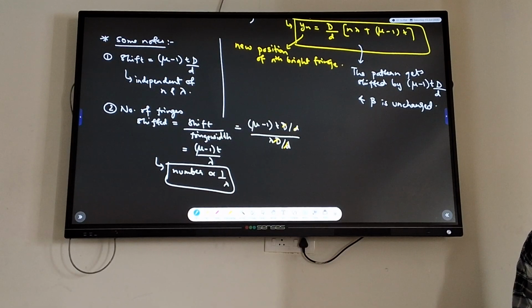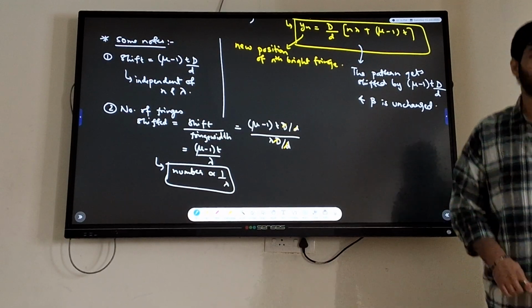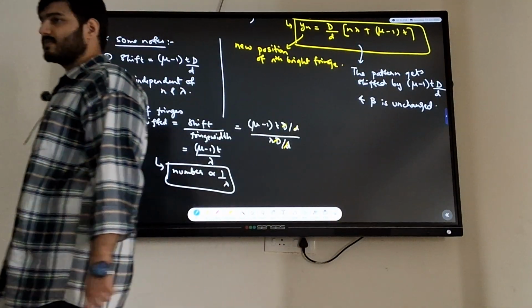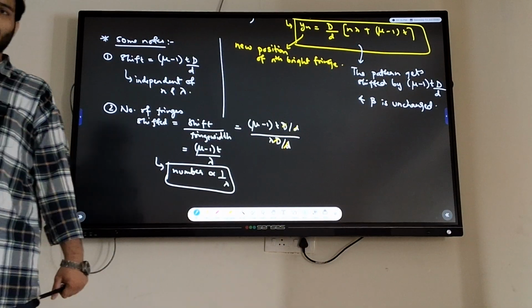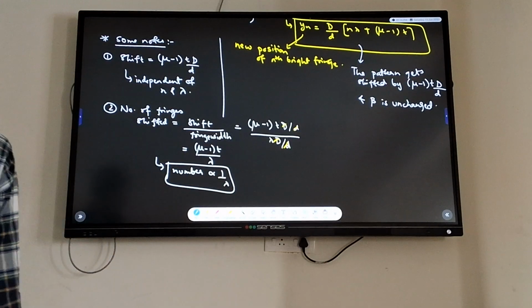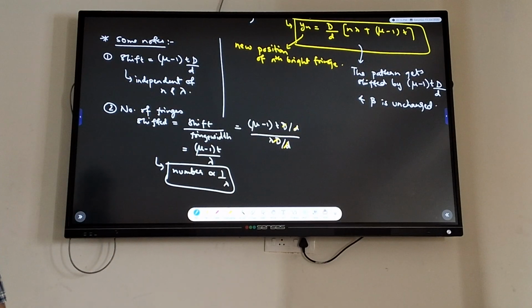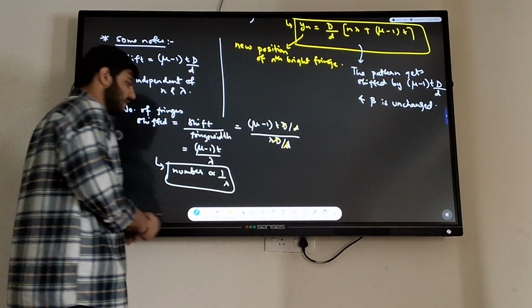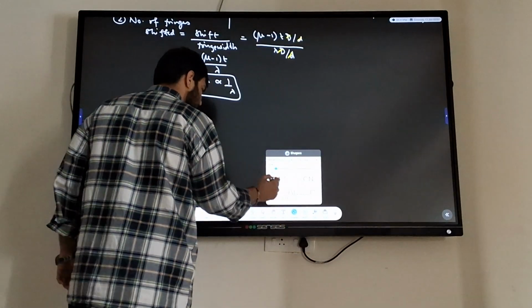That's incorrect. 3 I naught by 4 and I naught by 2 is correct. So 3 by 4 I naught and 1 by 2 I naught. This is the correct answer. Attempt again. If you don't get it, then ask. Let me write the question.